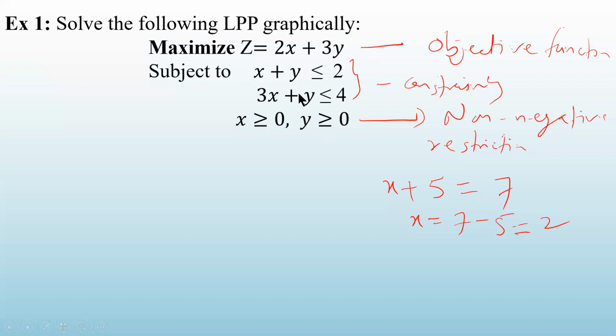Similarly, 3x plus y less than or equal to 4. So all x and y should be such that they satisfy all these constraints. And also, when you put the values of x and y here, you should get the maximum value of z. So that is what is meant by the solution.